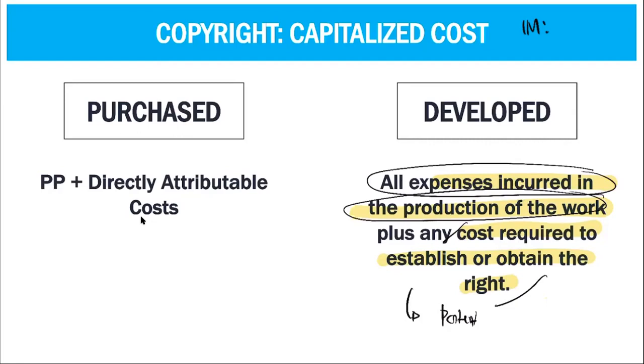So few people copy works as to your copyrights. That's why all the expenses incurred in the production of the work, let's say for the textbook, all your expenses to produce the textbook should be also included, and the cost required to establish or obtain the right. Take note, only the particular or the original work.